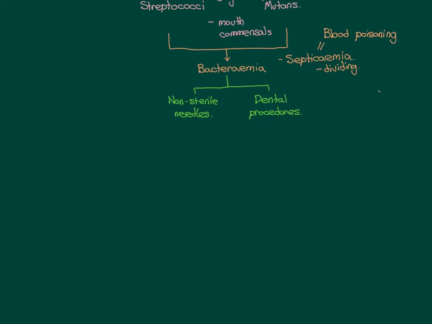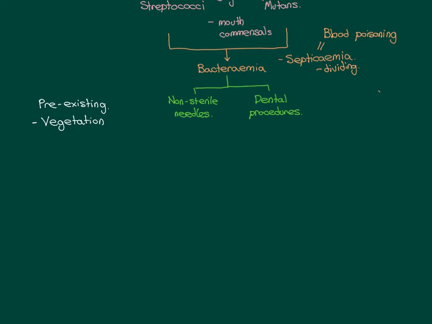So I need to now tell you, what do I mean by vegetation? We now need to discuss this concept of a vegetation, and it's important that you've got pre-existing tiny vegetations. So what does this actually mean?